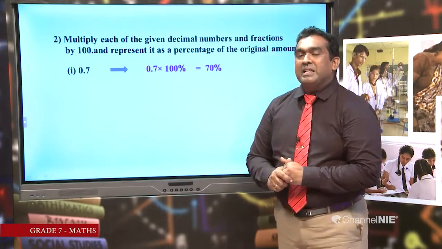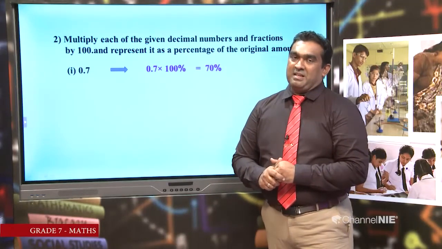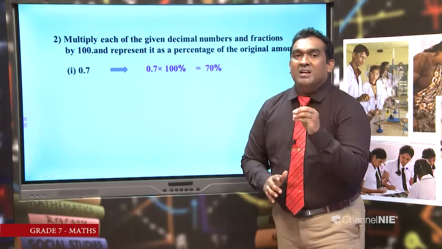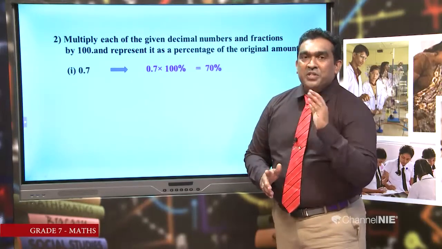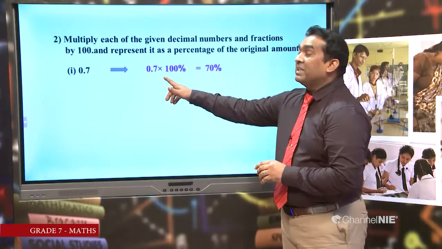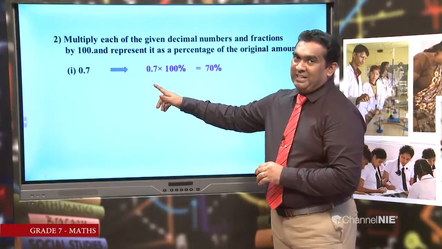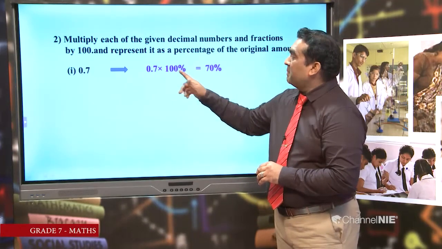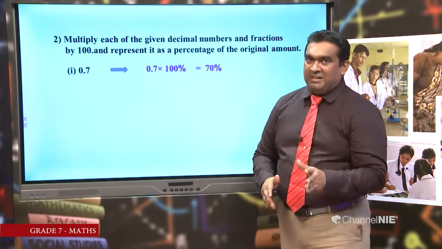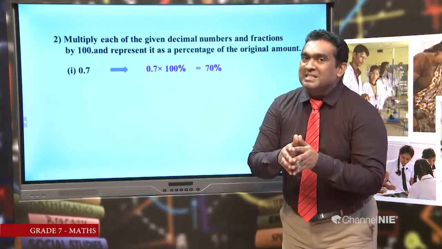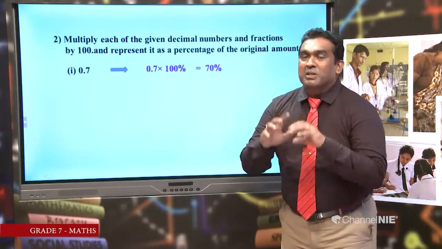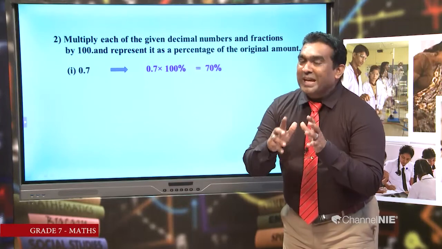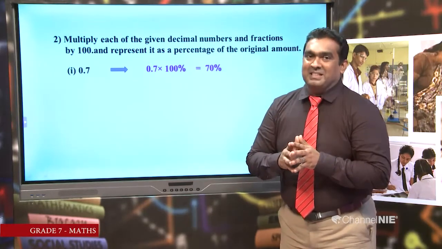When multiplying decimal numbers by 10 or 100 or 1000, first you multiply without considering the decimal point. Right? 7 multiplied by 100 is 700. How many decimal places are there? 1. From the final answer, you can separate decimal places.